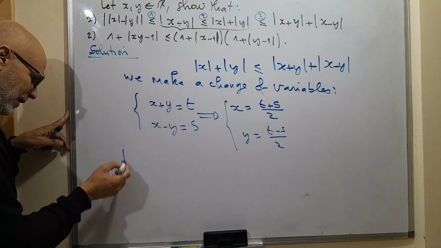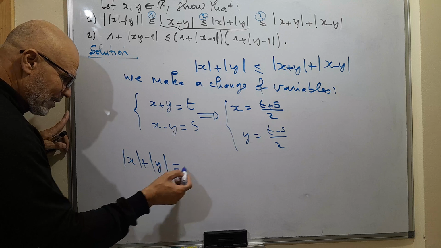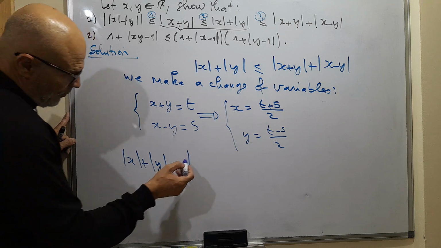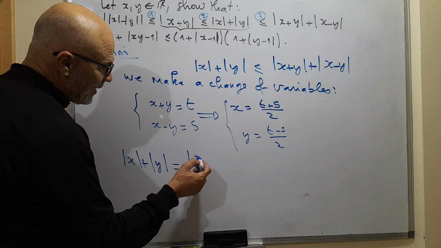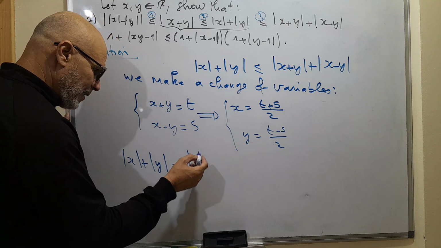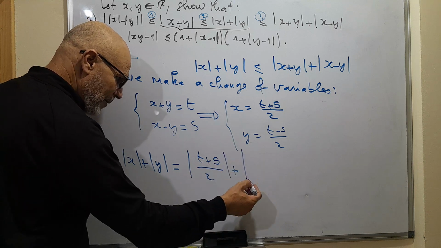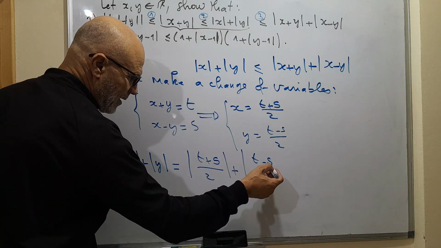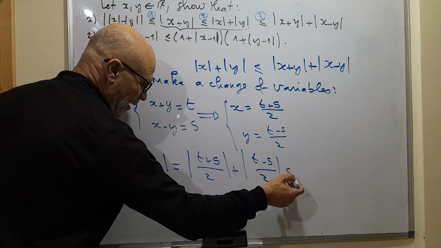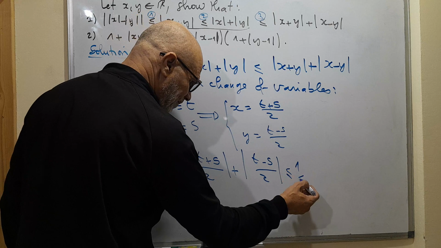The absolute value of x plus the absolute value of y is equal to the absolute value of t plus s over 2 plus the absolute value of t minus s over 2, and this is less than or equal to 1/2.